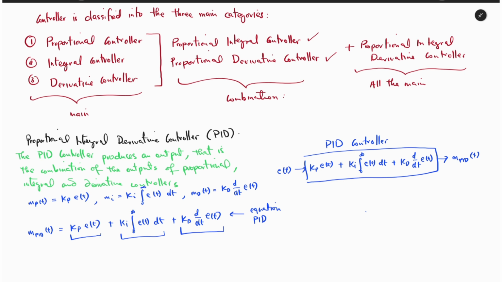However, if you look at the PID, it can be seen as a generalized controller because it consists of all the elements in the main controllers that can be solved generally. Because if a system can use a proportional controller to reduce the error, then another system normally uses a derivative controller to reduce the error in the system dynamics.